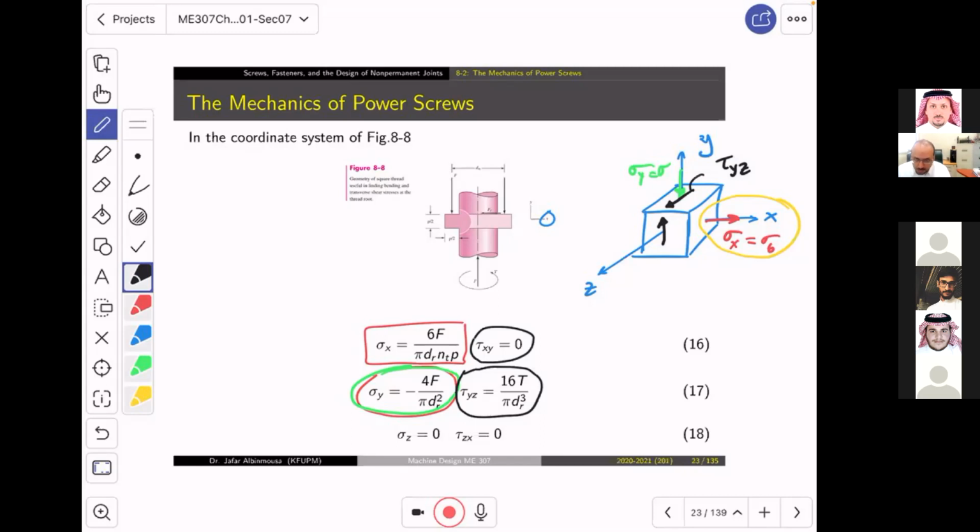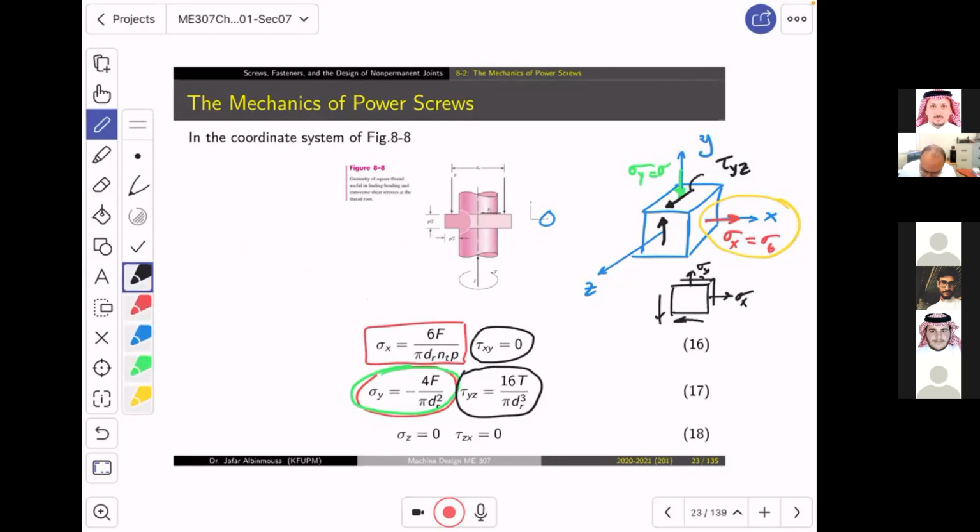But guys, if you remember, what did we used to do? We go and take one face, and we think there is sigma x, there is sigma y, and then there is tau xy like this. Do you understand? Now, if you look at the face of y, sorry, not this one. I'm sorry.